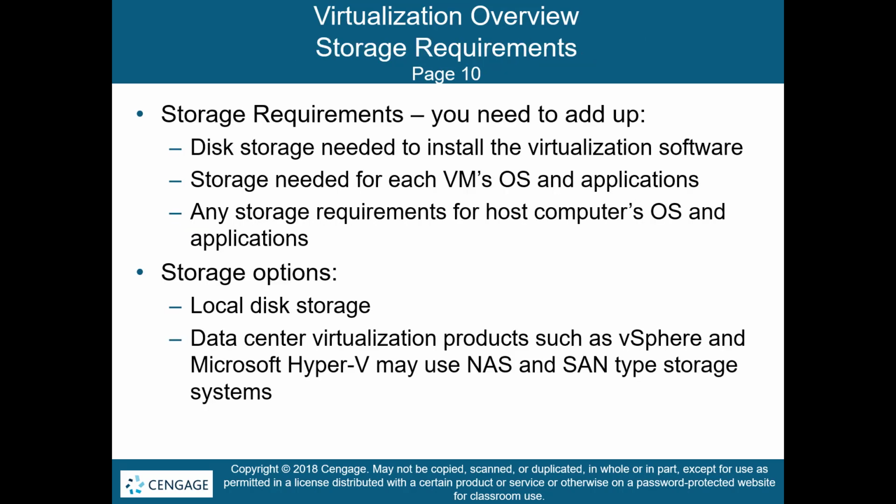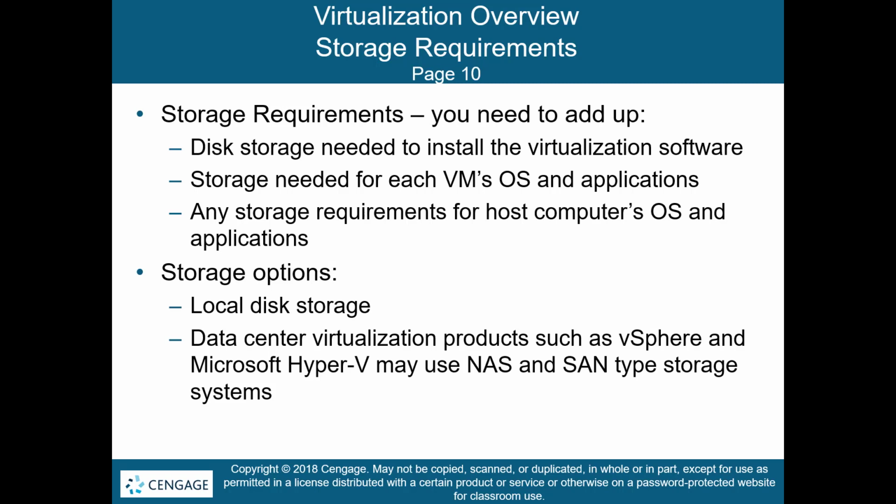On page 10, we talk about storage requirements. We mentioned earlier that each of your hypervisors requires a configuration file and a virtual disk file. So one thing you need to figure out is how much storage space your virtual machines are going to use if you're running multiple VMs on a host computer.